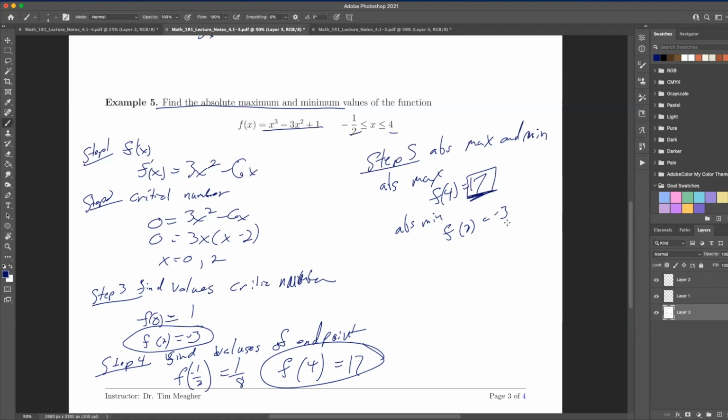And the absolute minimum value is minus 3. I like just to have this when I'm doing it by hand, just to say where it occurs. But when you plug into the computer for values, they'll probably just want 17 as the absolute max value and minus 3 as the absolute minimum value.